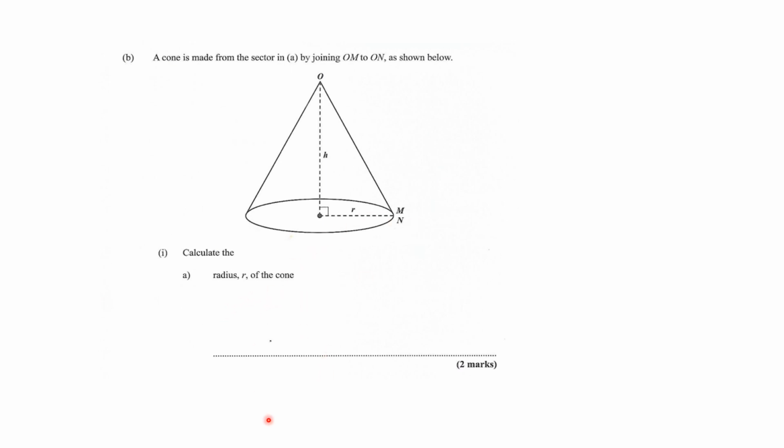So this is the arc length that we just calculated, and we got it to be 35.2. That is saying that the circumference is equal to 35.2 centimeters.